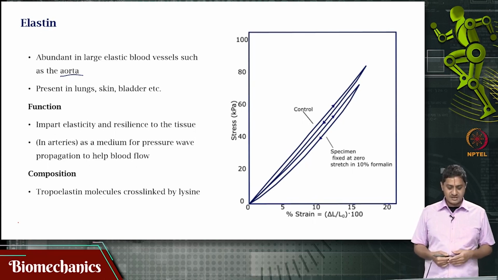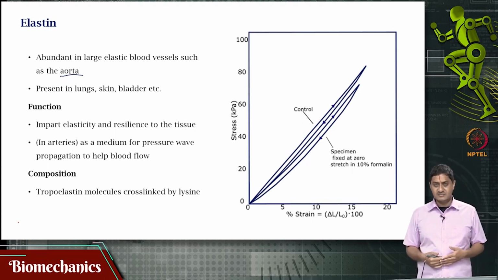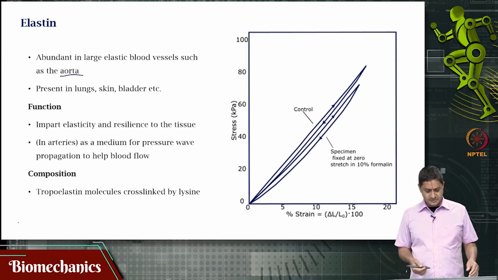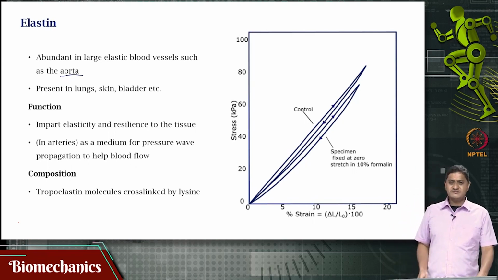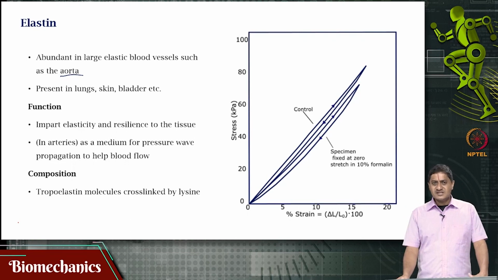It is present in lungs, skin, bladder, and in many other tissues. What is its function? Elasticity, resilience and elasticity to the tissue. So, elastin, the name gives a clue to its important function, which is elasticity.